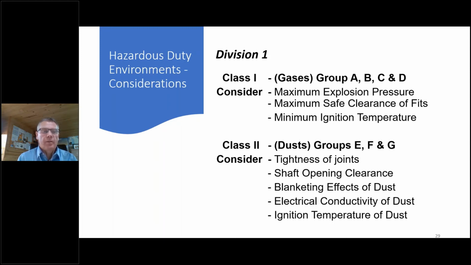That's normally where there's a presence of explosive gases, either permanently or very often. Class 2, in this Division 1, deals with dusts. Division 1 Class 3, which I haven't shown, deals with ignitable fibers.